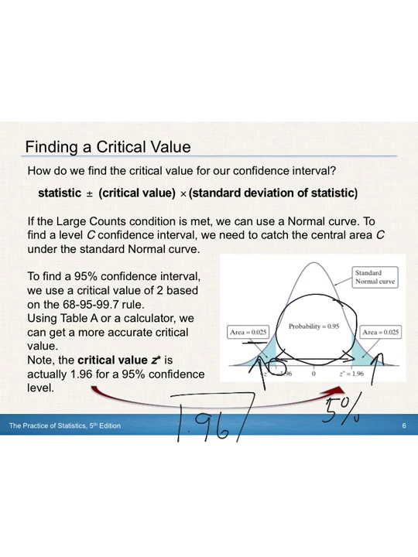And 1.96 is the critical value for a 95% confidence level. Now when we learned 68, 95, 99.7, we used the number 2, but this is the actual z-score for 95%, so we're going to go ahead and use this as our critical value whenever we decide that our confidence level is going to be 95%.